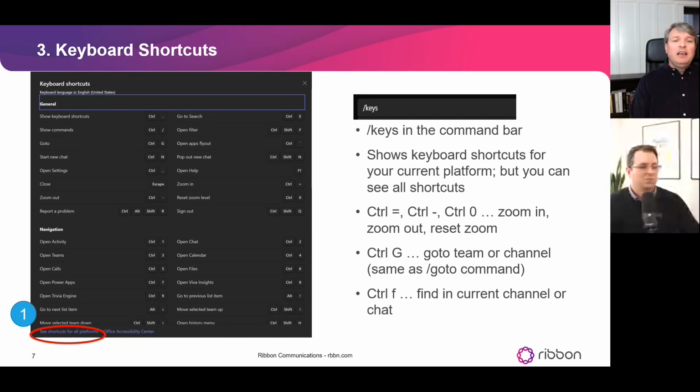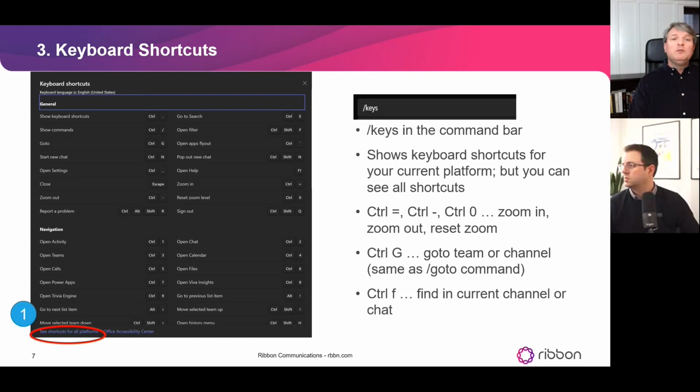For instance, Control equals and Control minus zoom in and zoom out. Sometimes there's a chat and you just want to zoom out so you can see more of the chat, or depending on what you're displaying in a particular app, you can then zoom in, and Control 0 just resets the zoom level. I really like that.